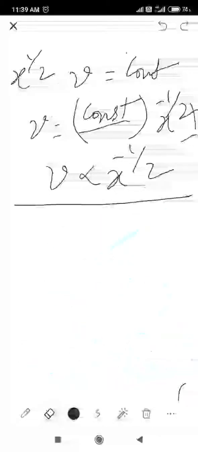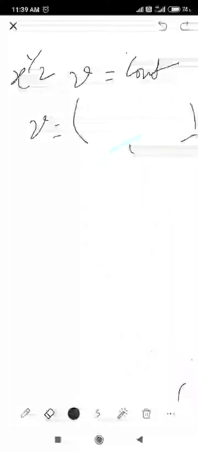These are all very, very important. Many times in previous exams they are given these models. So, see one more problem. These are the two pendulums suspended from the same point.